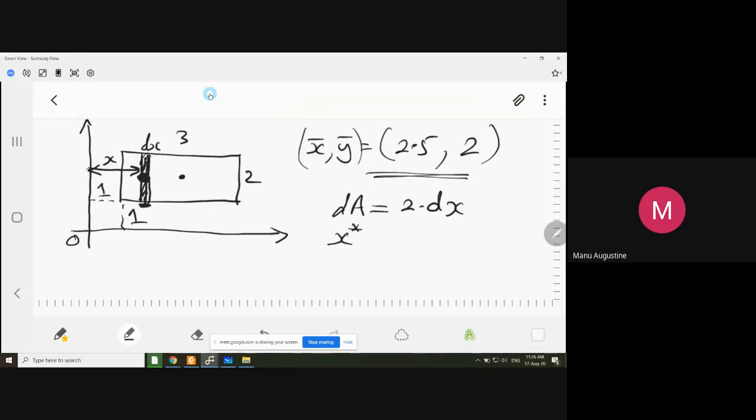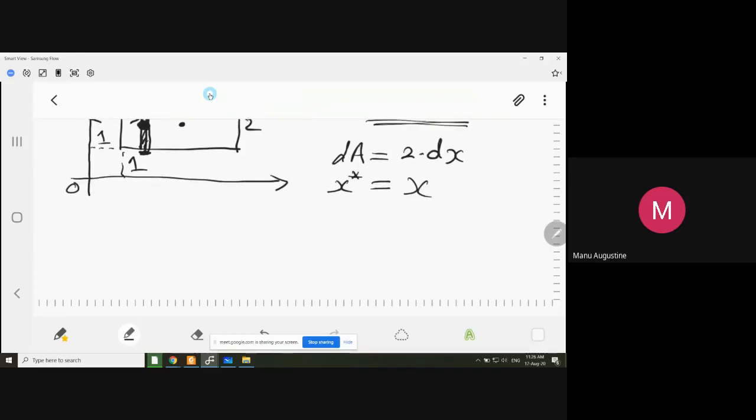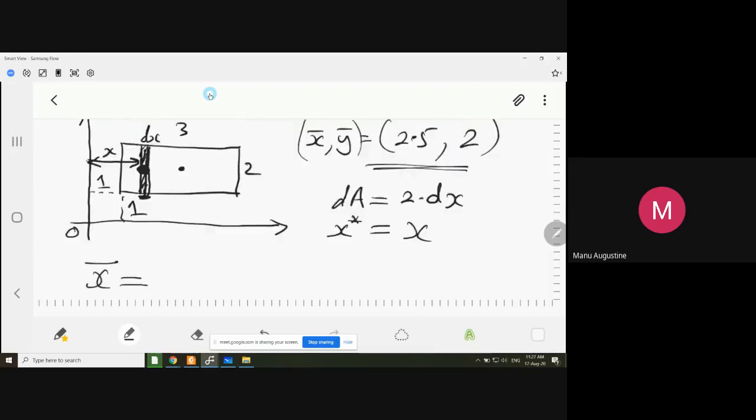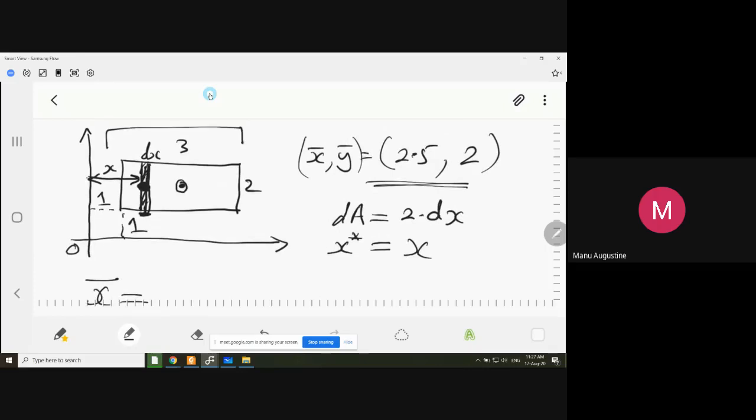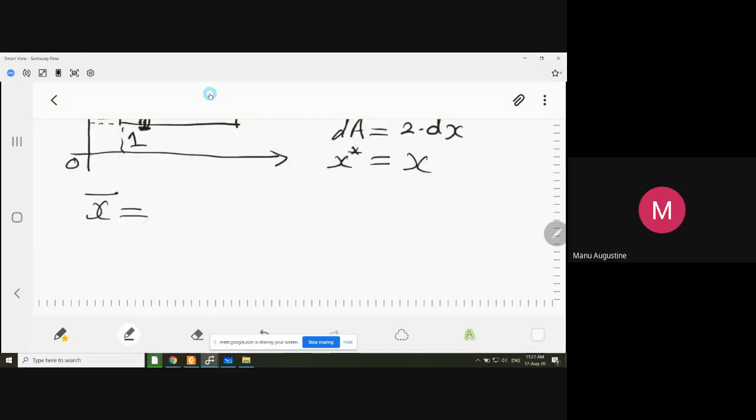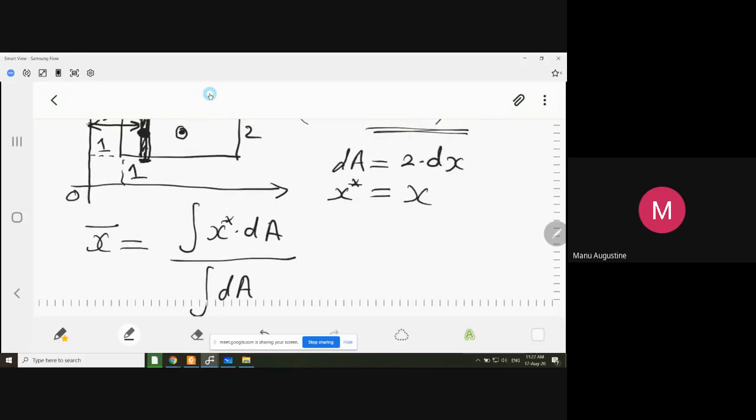So x star is x. Now, what is the integration formula for me? I know that x bar can be obtained for the complete rectangle. I want to find this centroid. So this centroid, according to the integration formula, will be obtained by integral of x star dA whole divided by integral dA.